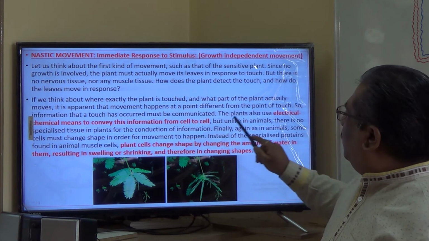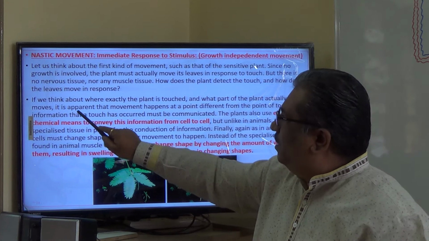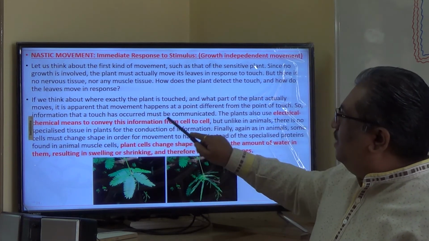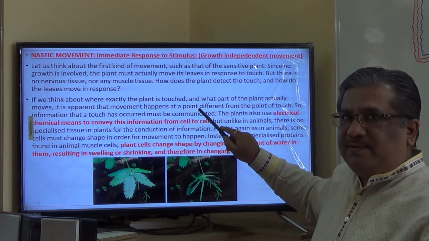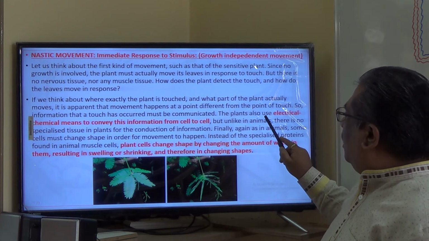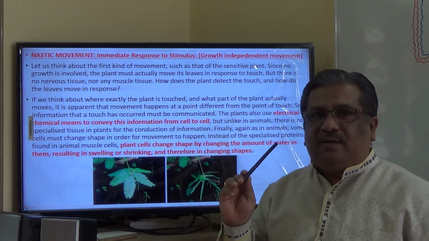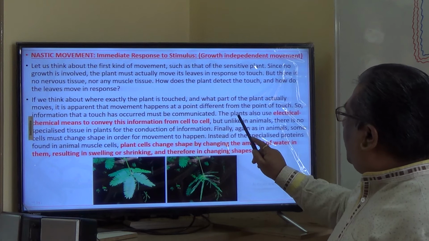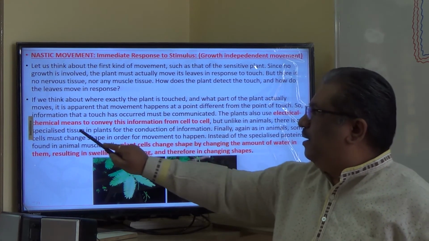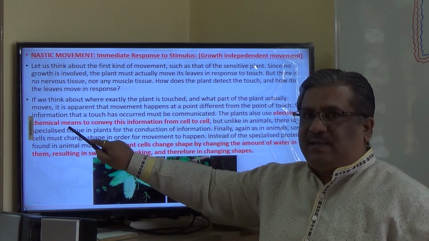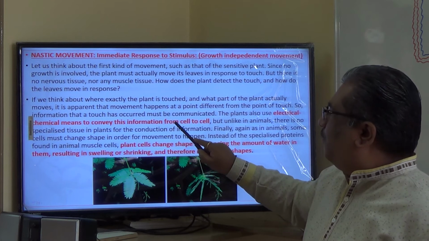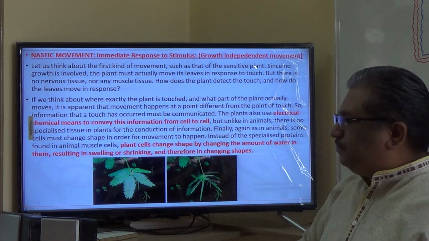Now, the information that a touch has occurred must be communicated to different leaves. The plants also use, pay a little attention, the plants also use electrical and chemical means to convey this information from cell to cell.